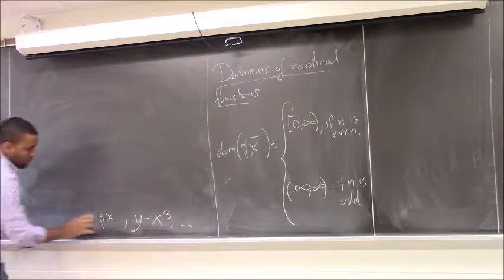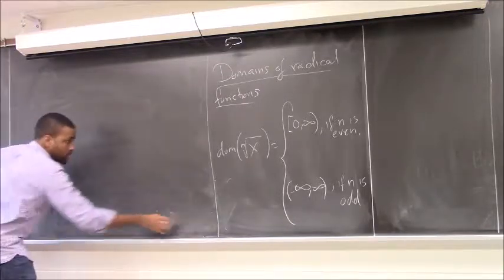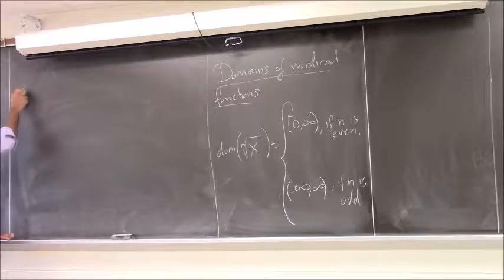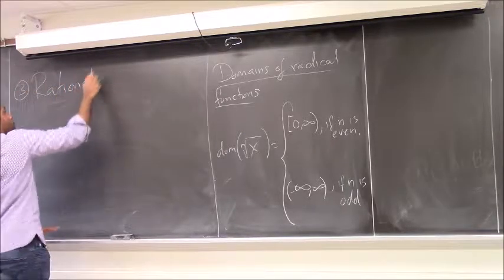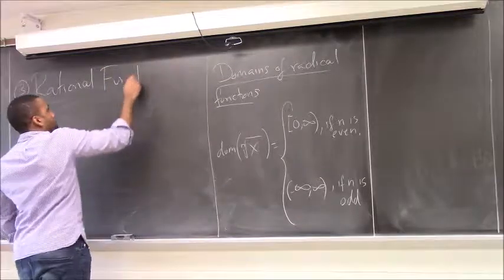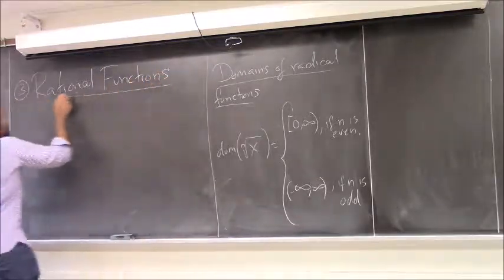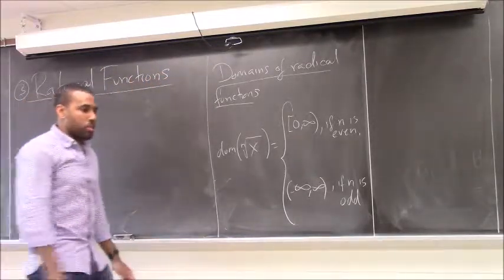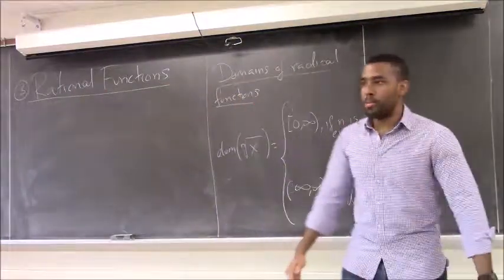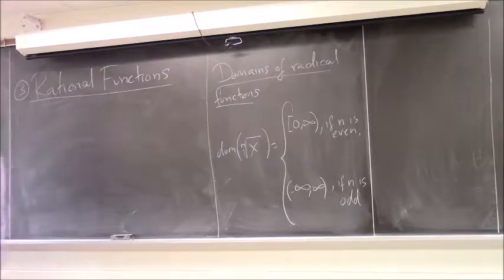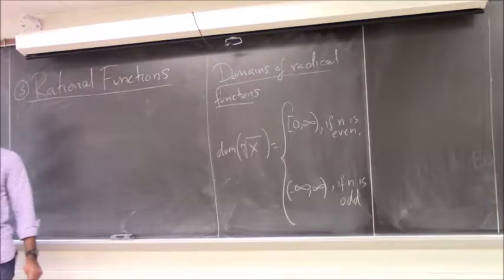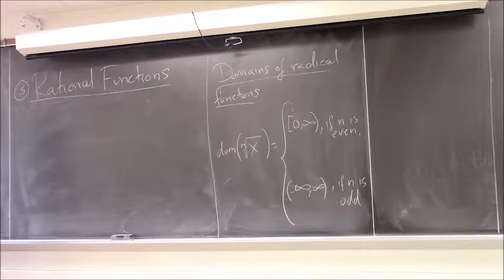is the so-called rational function. Now this doesn't mean the function is reasonable or intelligent or well-mannered or anything like that. What does a rational function mean? Does anyone know what a rational function is? Is it if there's two polynomials on top?